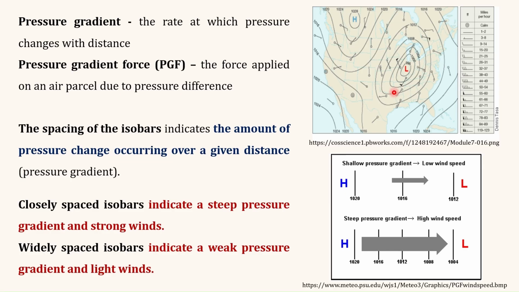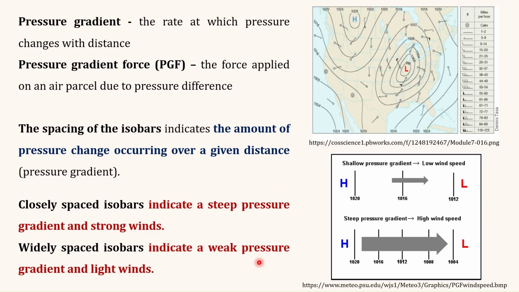On the surface charts of atmospheric pressure, the spacing between isobars indicates the amount of pressure change occurring over a given distance, and it is related to pressure gradient. So wherever we have closely spaced isobars, these indicate a steep pressure gradient and strong winds, and widely spaced isobars indicate a weak pressure gradient and light winds.